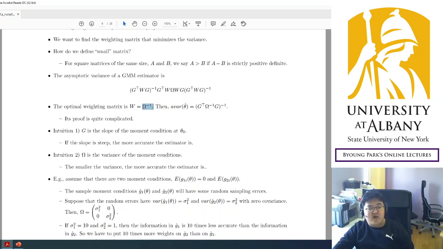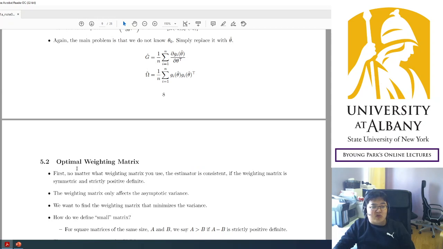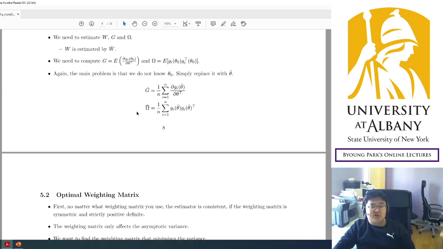However, how can we calculate it? To get this optimal weighting matrix, you have to estimate omega first and then take the inverse of that. The inverse is not a big problem, but how can we estimate omega? Earlier, to estimate omega, we considered this method.